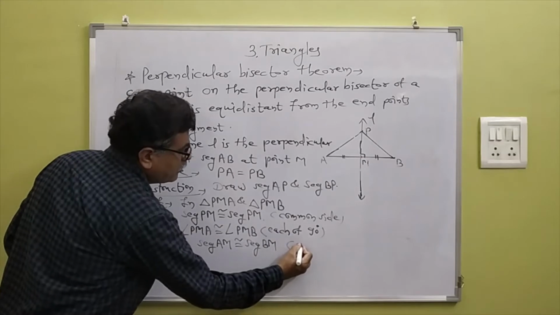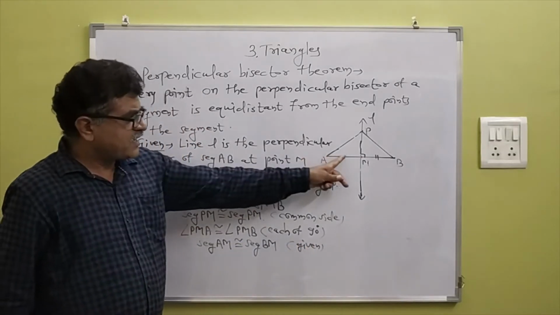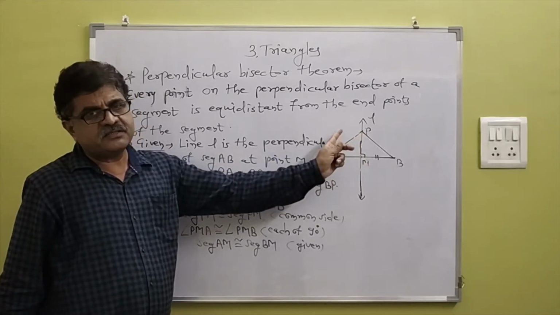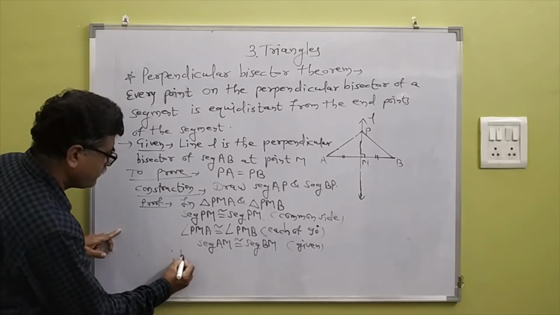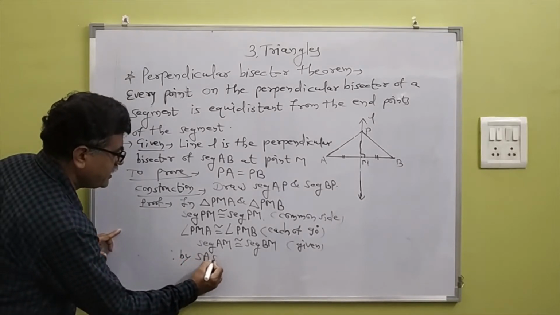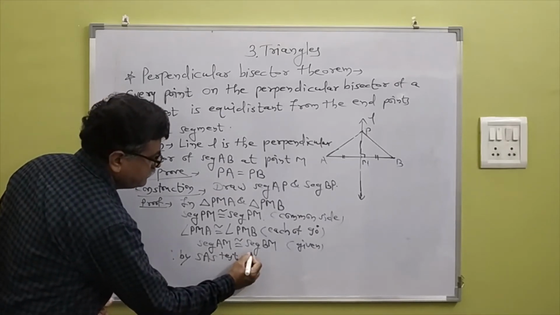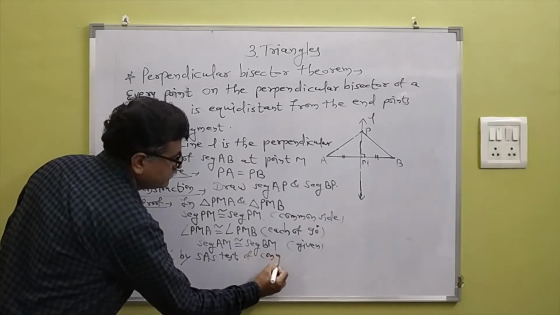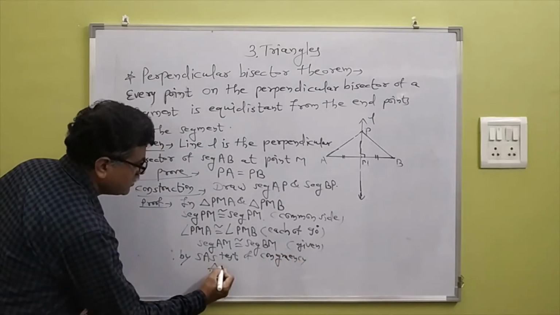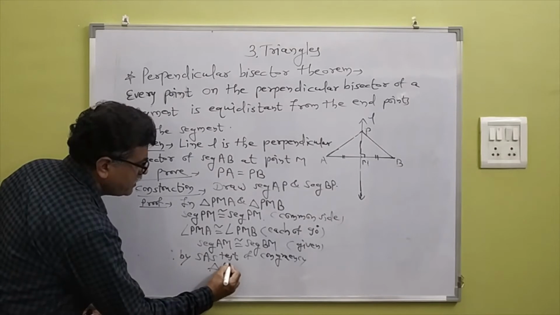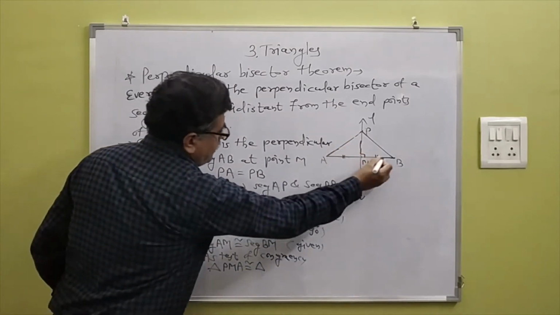This is we have given. Therefore, by side angle side test, that is SAS test of congruency, these two triangles are congruent. Triangle PMA congruent to triangle PMB.